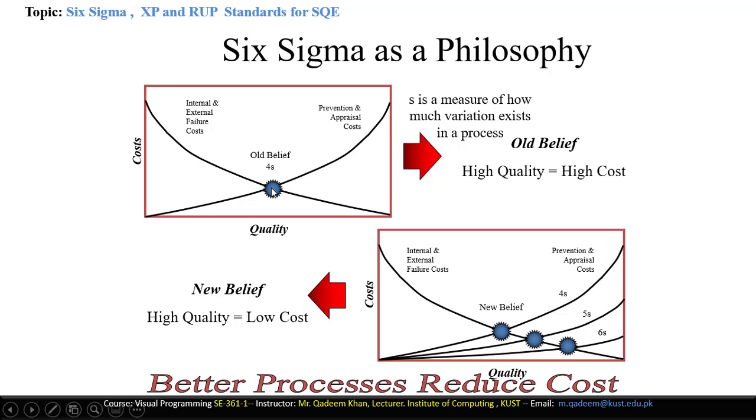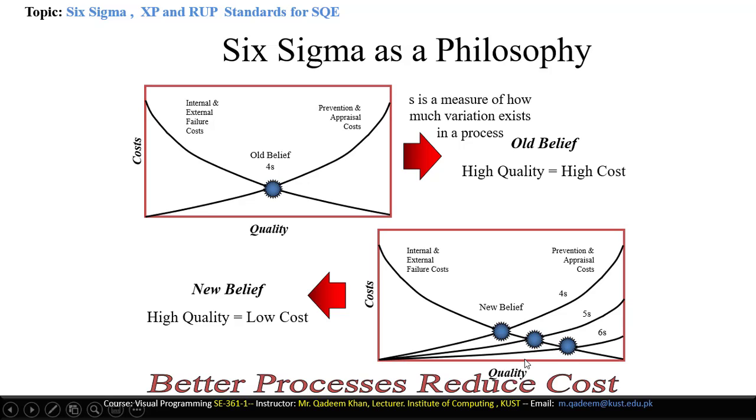This means that if we spend medium or average money on the product, then the quality will also be average. But according to Six Sigma, if we spend low, then it requires low cost as well.